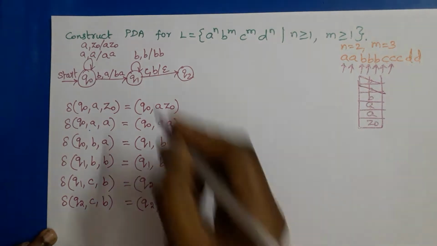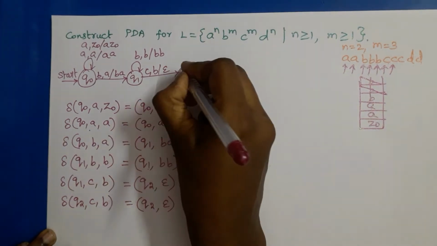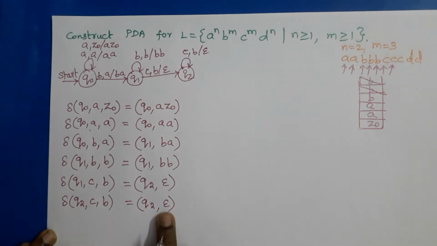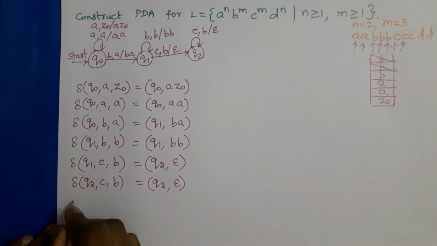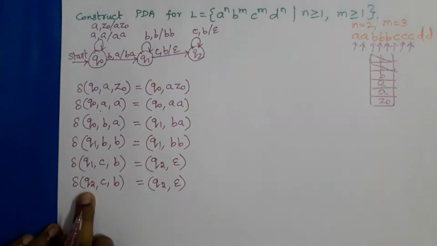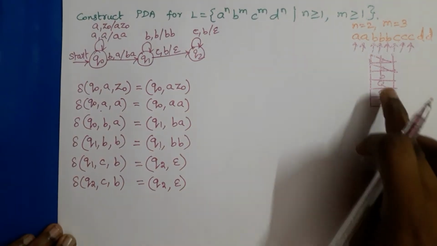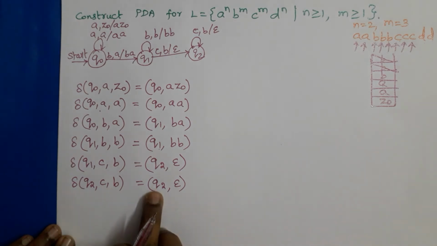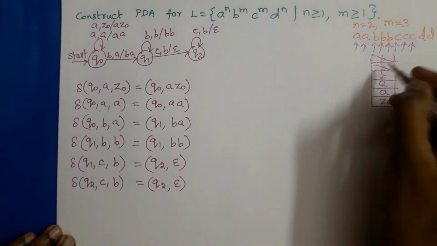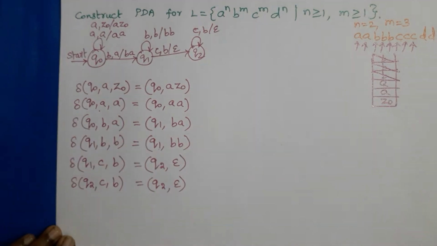So this B is also popped from the stack. So Q2 to Q2, draw an edge, and that edge is labeled by C comma B slash epsilon. So now the next input is C. Current state is Q2. So Q2, C, and the top of the stack B means Q2 is the next state, pop B. So this is popped.